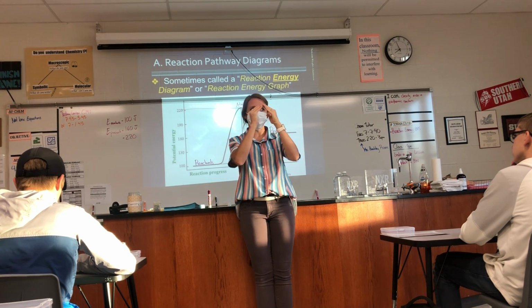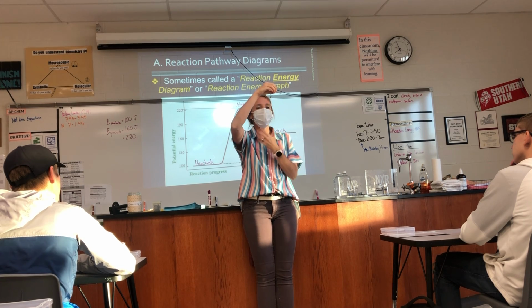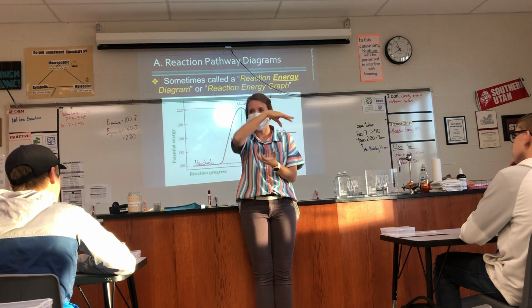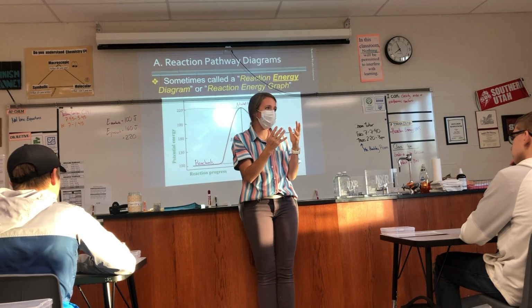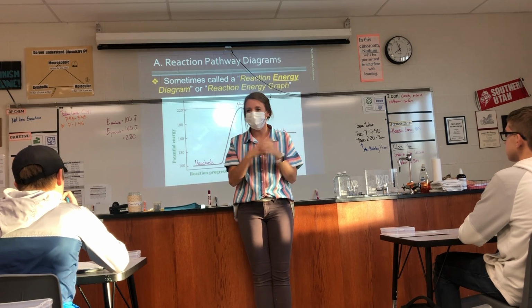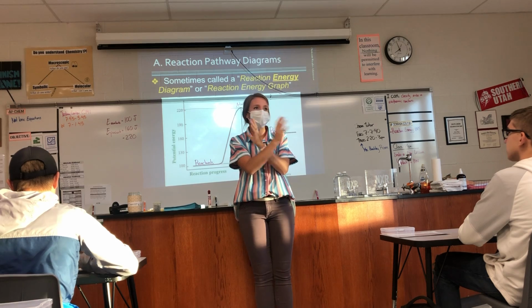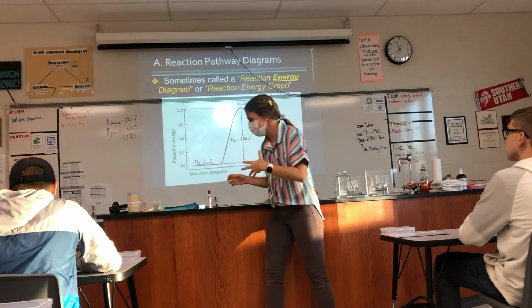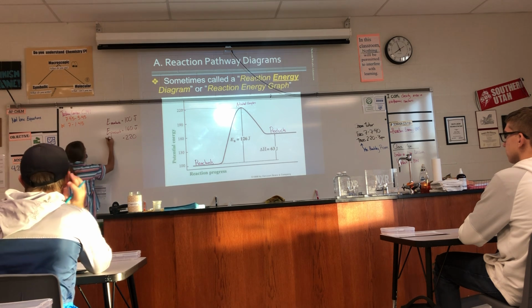If you imagine a golf ball on top of a hill, it is not at a stable position because it can easily roll both ways. So it's a very hard thing to isolate. Those things don't really exist because it just goes one way or the other. But it's that point at which things start changing in the reaction, okay? All right, the next two important pieces, so this is our activated complex.